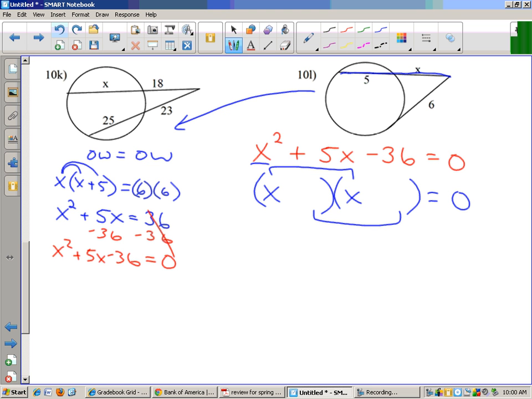So what two numbers could I multiply together to give me the last term? Negative 36. Okay, so I heard a couple different options. Let's test these options out. So if I start over here with negative 36, 1 times 36. What else? 2 times, what's half of 36?